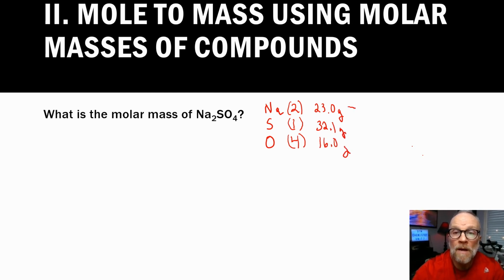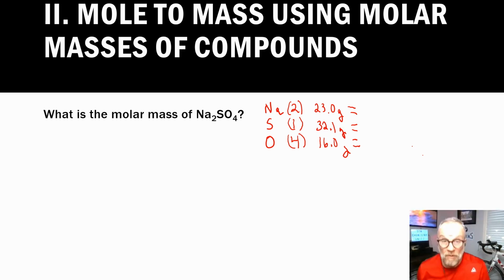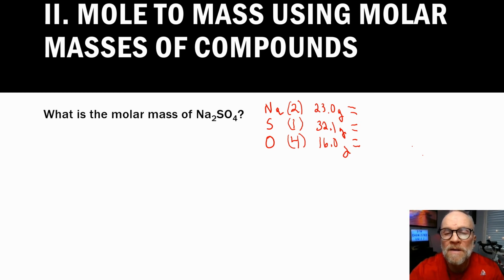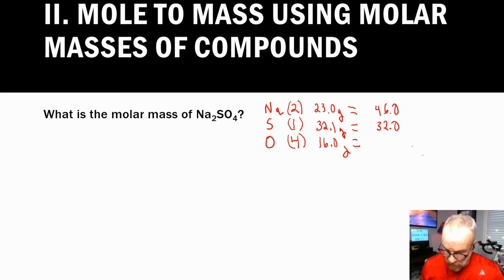And so now what we do is we multiply the mole amount by the molar masses. And let's see what we get there. 2 times 23, I think I can do that, is 46 grams. 32 grams. 4 times 16 is 64 grams.